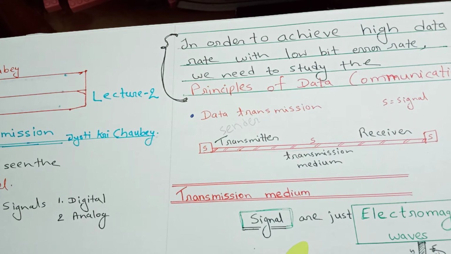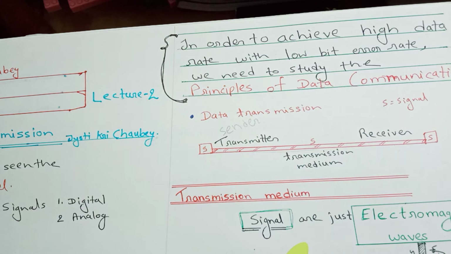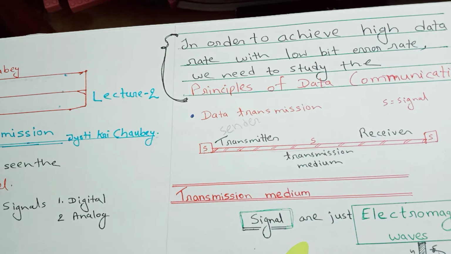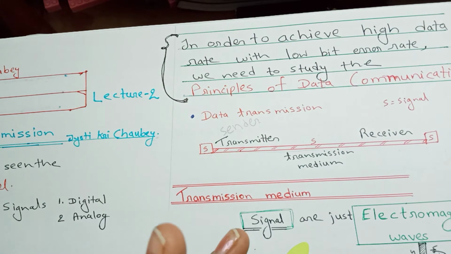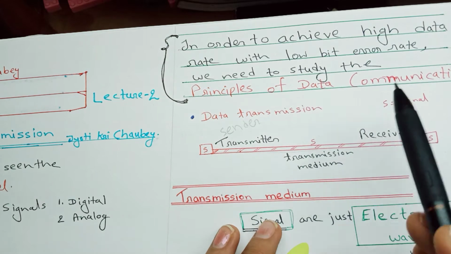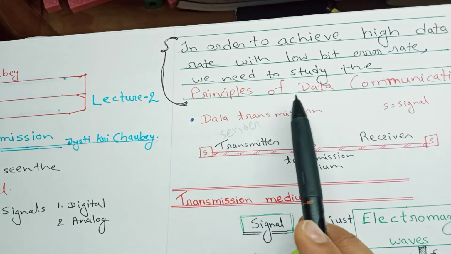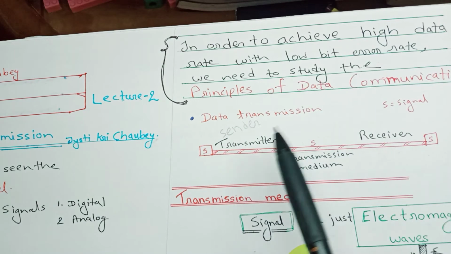But when you check the whole sack of 25 kg, then you will get more error. This is the example of why, in order to achieve high data rate with low bit error rate, we need to study the principle of data communication.